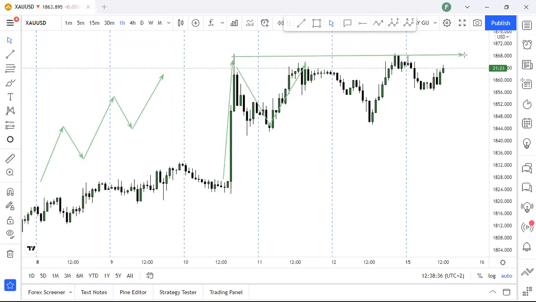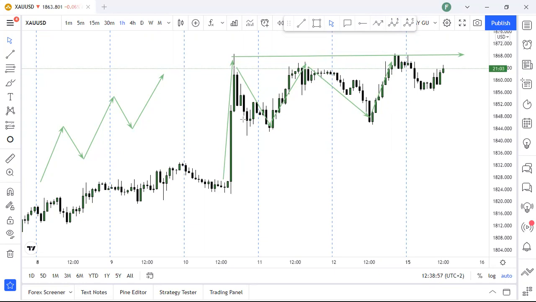For a wave to be called an impulse, it has to break above the previous high, the high that has been set, right? So everything that is happening right now, take this also into consideration, this is all a correction, all right?